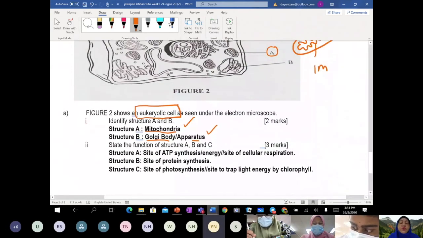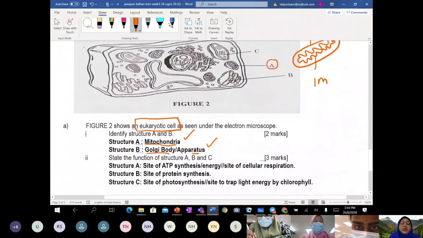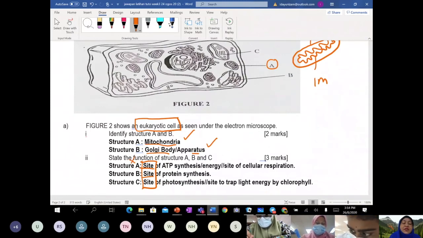So now, A is mitochondria. Let's see, class, the keyword is site. You must write this in order to get full marks. Each function carries 1 mark.